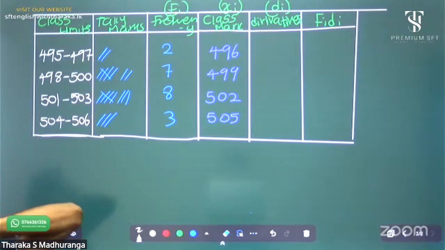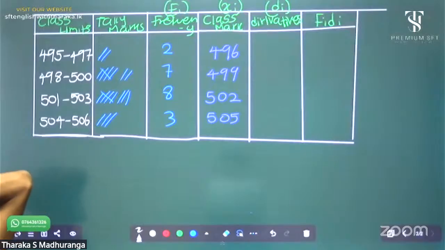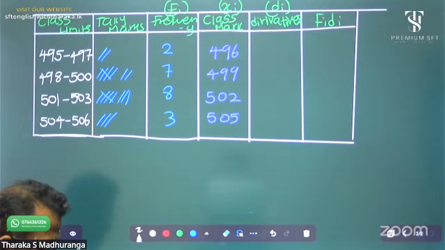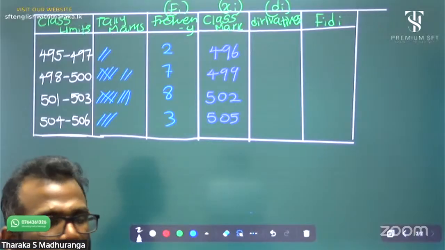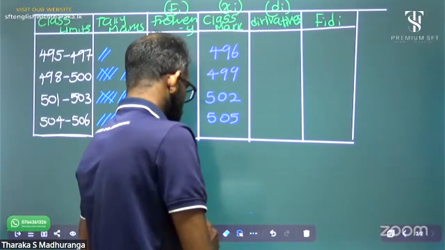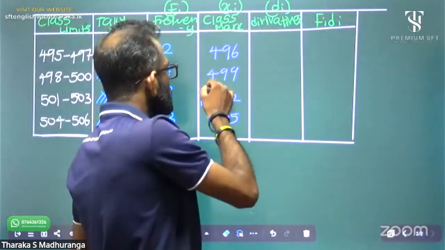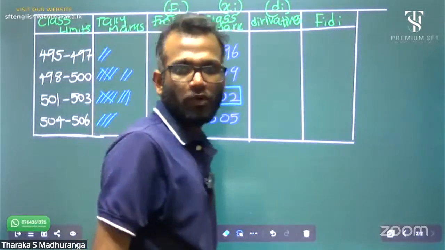Dihini, what's the best assume mean? Yes, 502 is best because it is the mode value.